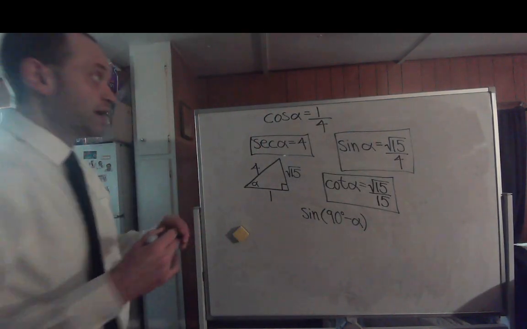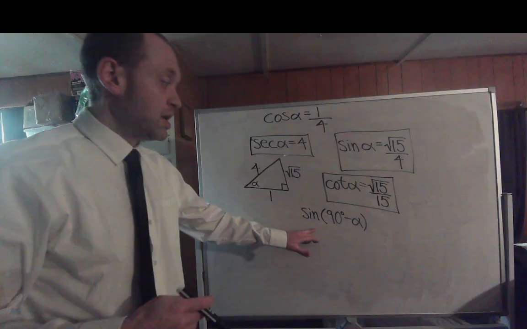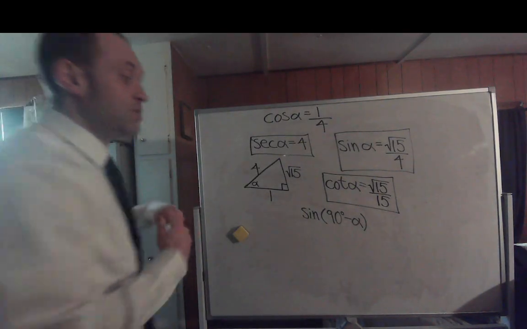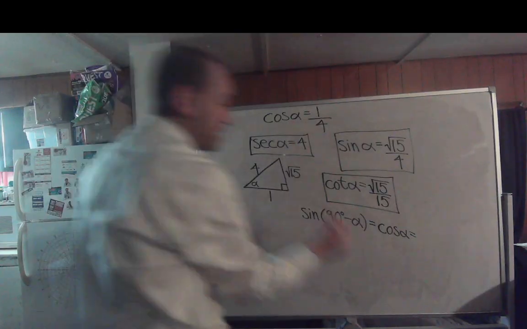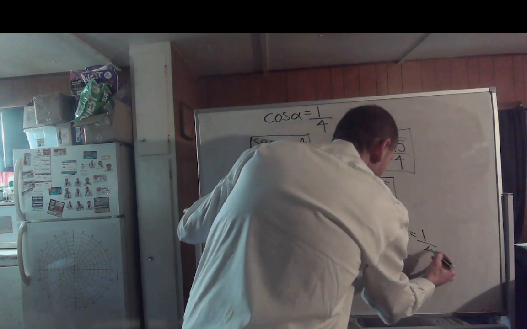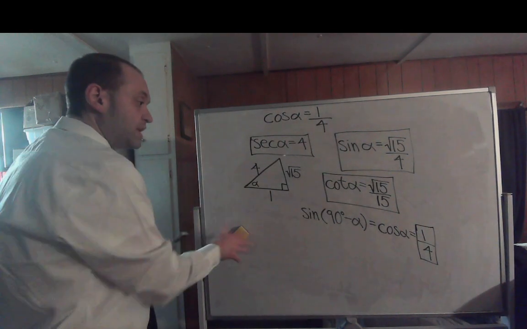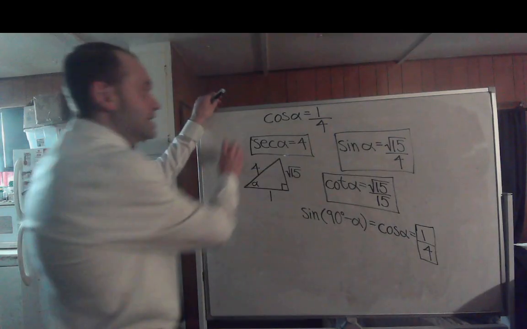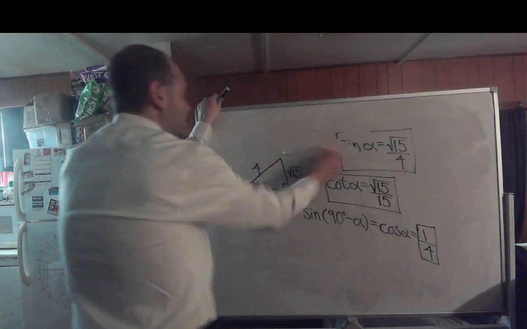That's another periodic identity. The sine of 90 minus alpha is the exact same thing as the cosine of alpha, which we already have the value for. That's 1/4. Alright, I got one more like this, then we're going to do a few very basic trig identities.